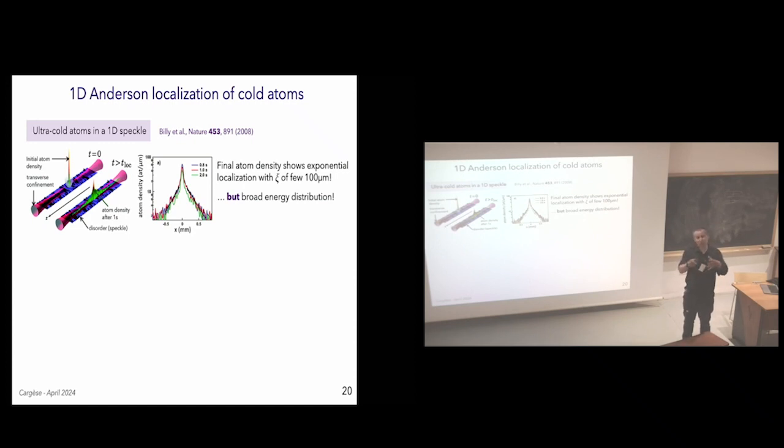In fact, you have a very broadband signal. So the Bose-Einstein condensate is a wave with plenty of energies. And this means that the profile that you have here is not just a single exponential, it's a combination of plenty of exponential distributions at different energies. The result is still an exponential, but it could be different.